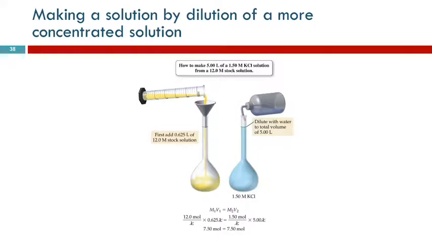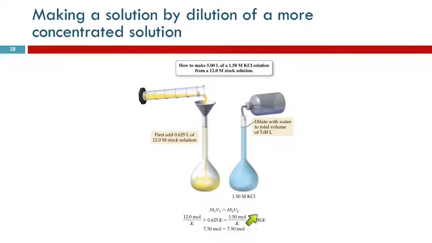Here's an illustration of how you would go about making a solution like this in the lab. Here we are making 5 liters of a 1.5 molar KCl solution from a 12 molar stock solution.